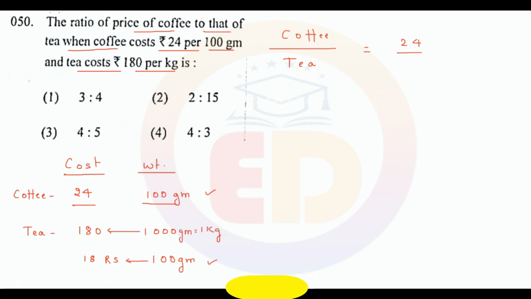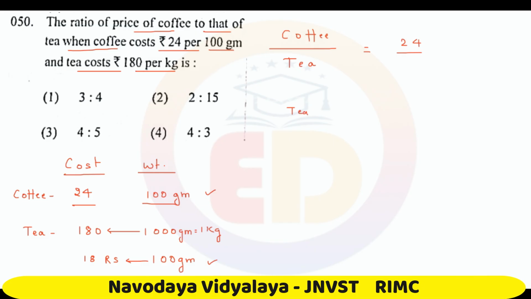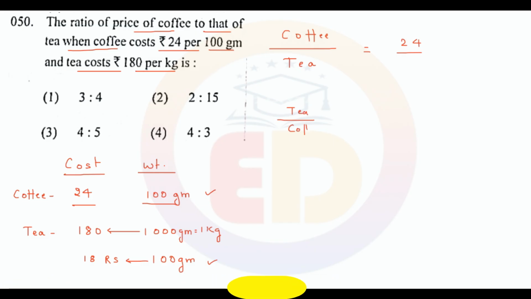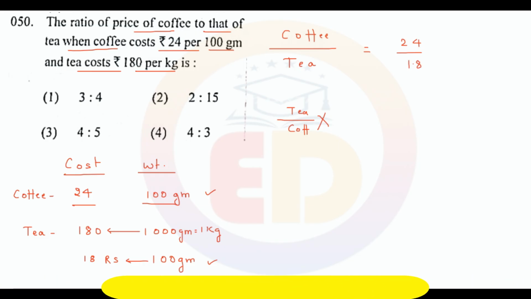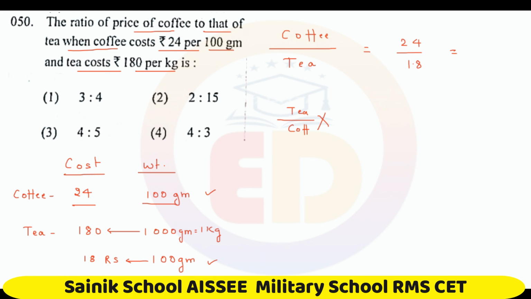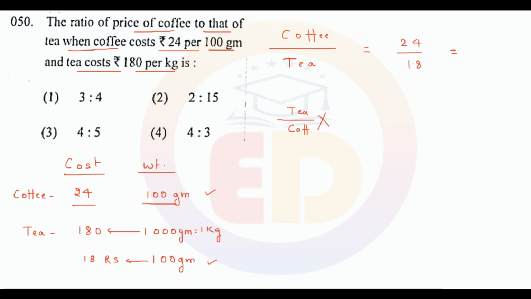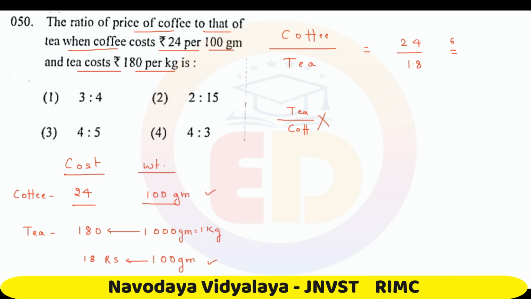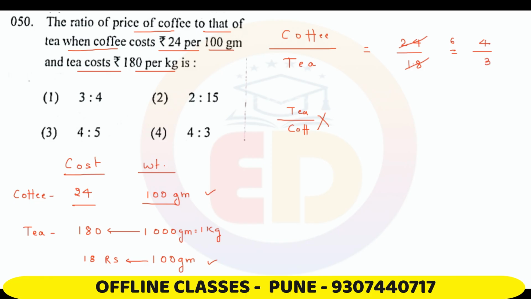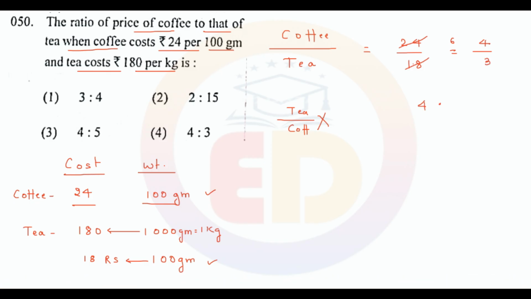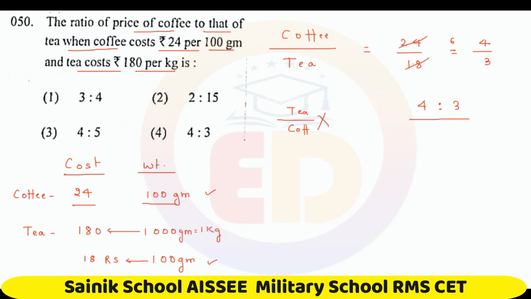If by mistake you take the tea in the numerator and coffee in the denominator, your answer will be wrong. You have to take coffee in the numerator and tea in the denominator. 24 and 18 both are divisible by 6. Bringing them to the lowest term, 6 4s are 24, 6 3s are 18. Answer is 4 upon 3, which is 4:3.